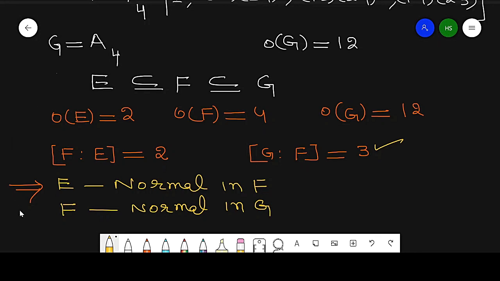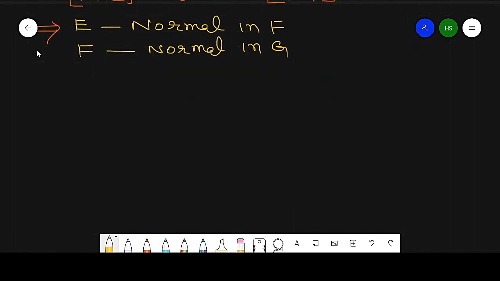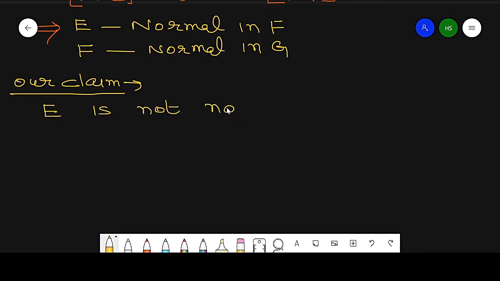Now to prove my result, I want to show our claim: E is not normal in G. So what is G?